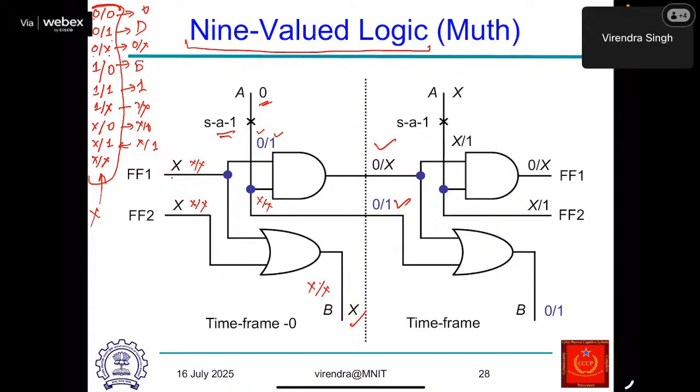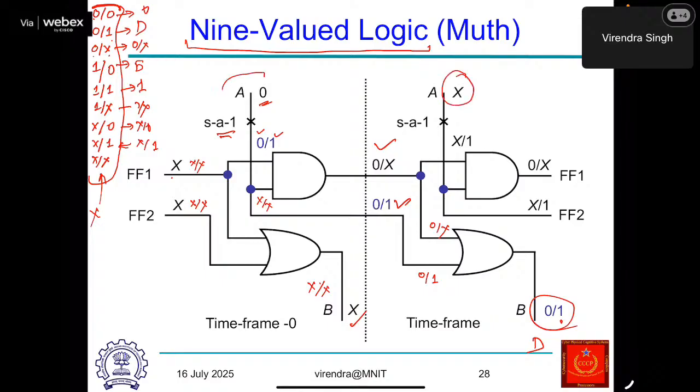Now in the second time frame, because this is the primary output, this 0 by x will come over here, 0 by 1 will come over here, and this is an OR gate, so that means this will give me 0 by 1, and that is a valid value, D, so D will propagate at the primary output. Now really I don't care about anything from here.